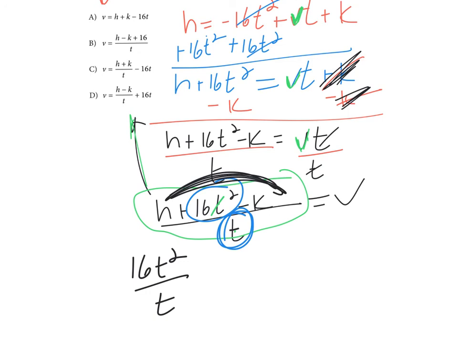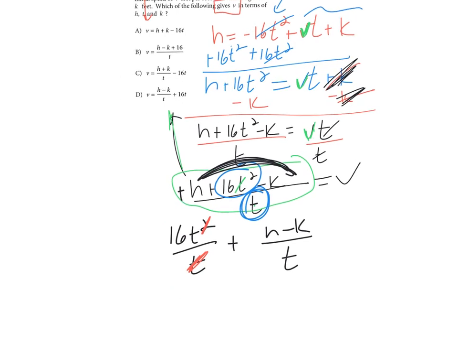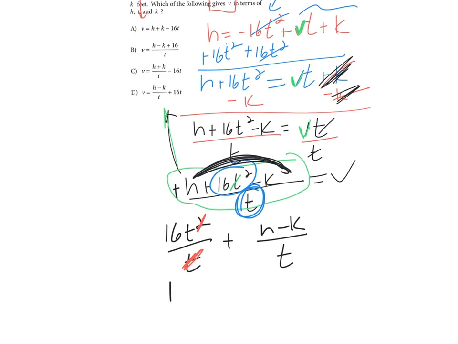So I can rewrite that as 16t squared over t, now this h is positive, so plus h minus k over t. Now is that one of the answer choices? No. But now I can cancel this t, and since this is t squared, one of the t's up top, which means I just have 16t plus h minus k over t.